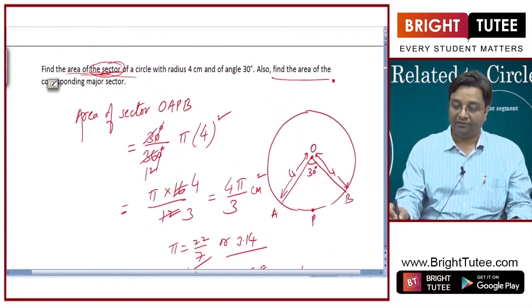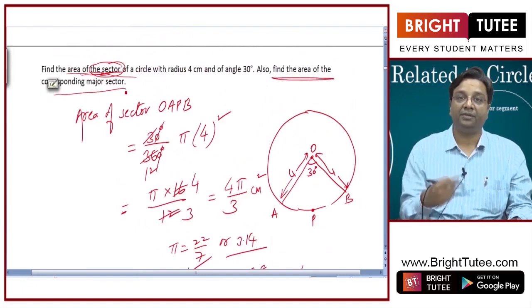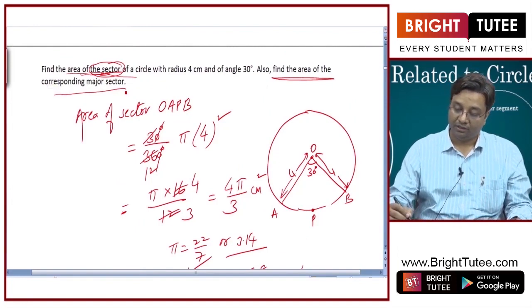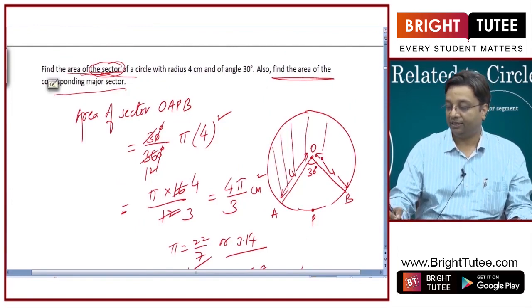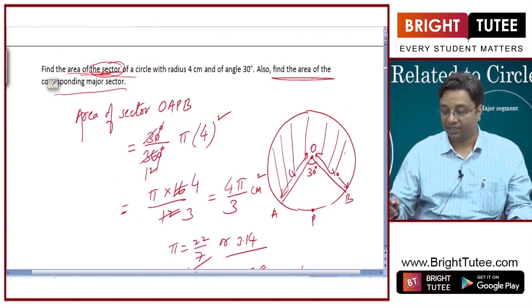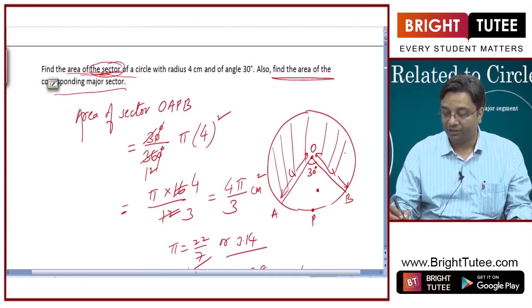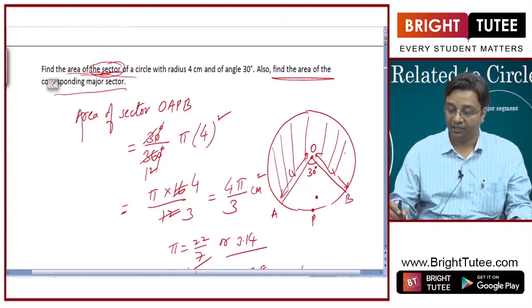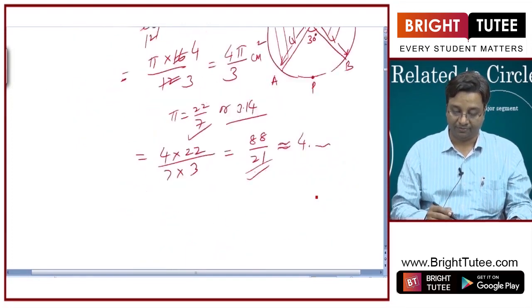Now if I want to calculate the area of the corresponding major sector, what will I do? I need to calculate this area now. So I will subtract the area of this sector, which we have already calculated, from the area of this circle, right?